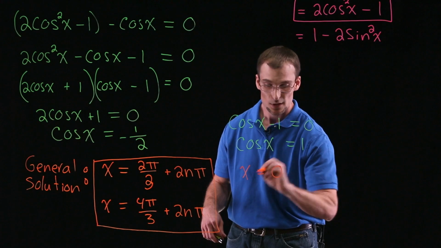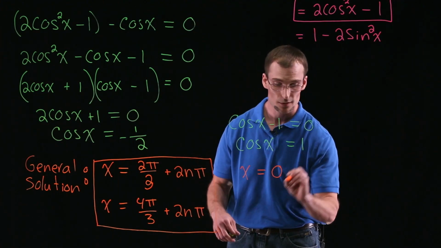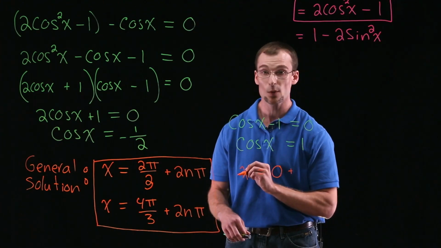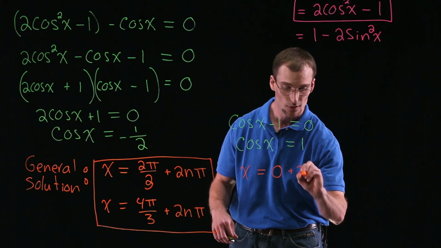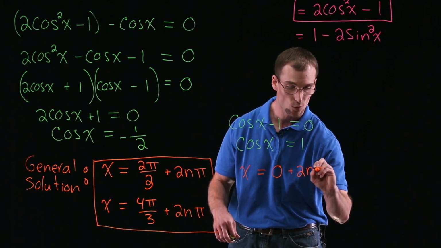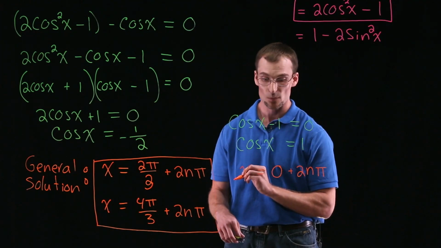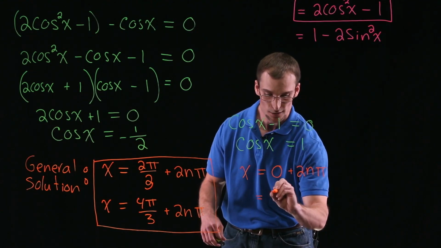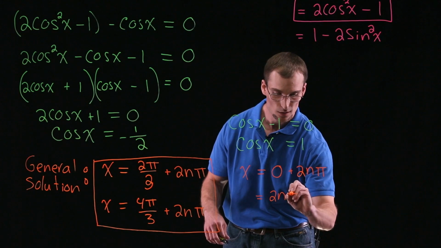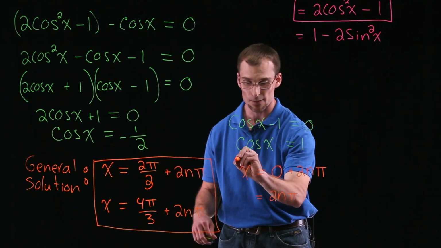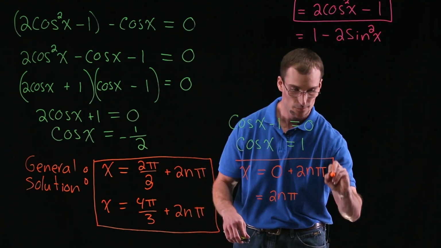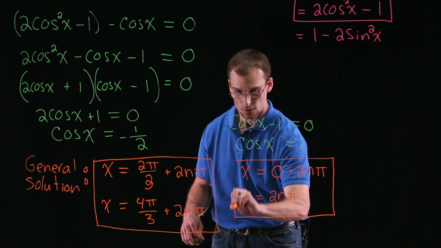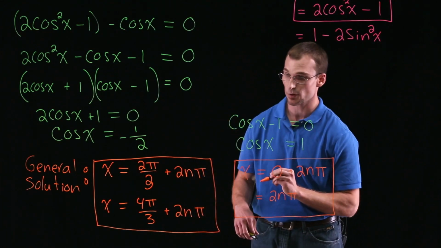That is just the value 0, but wanting the general solution, we take that and add all multiples of the period 2 pi or 2n pi. So we can write the solution like this, or just write it simply as all multiples of 2 pi. Which is the last of our solutions.